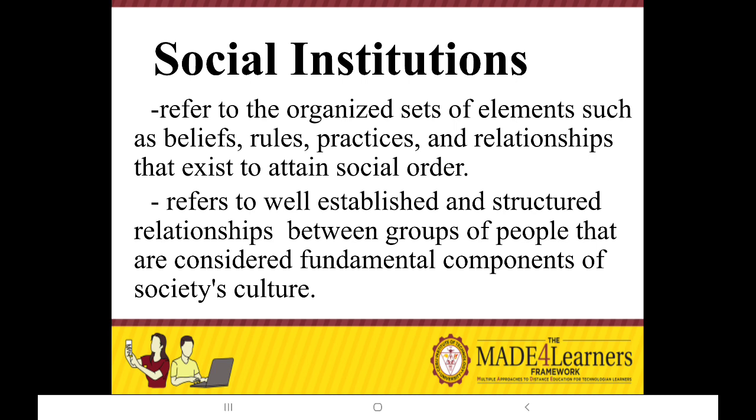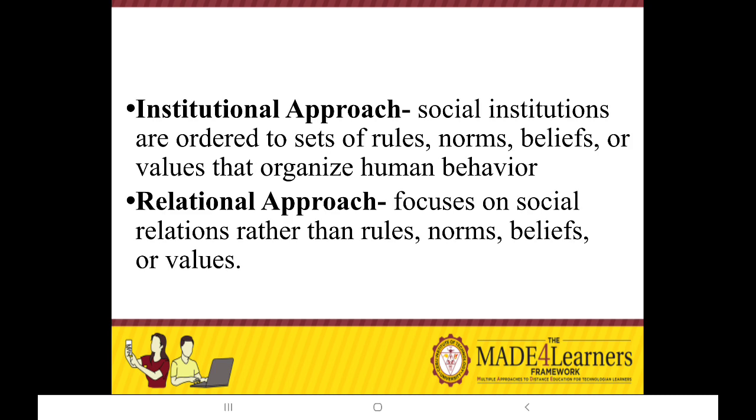We have the institutional approach and the relational approach. The institutional approach tells us that social institutions are ordered sets of rules, norms, beliefs, or values that organize human behavior, while the relational approach focuses on social relations rather than rules, norms, beliefs, or values.